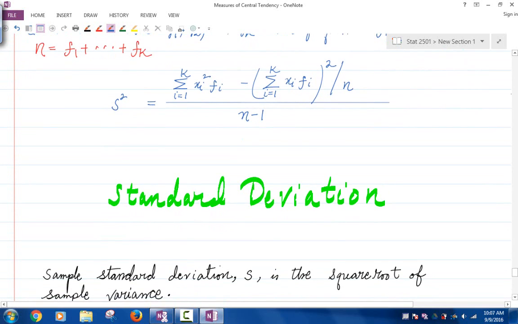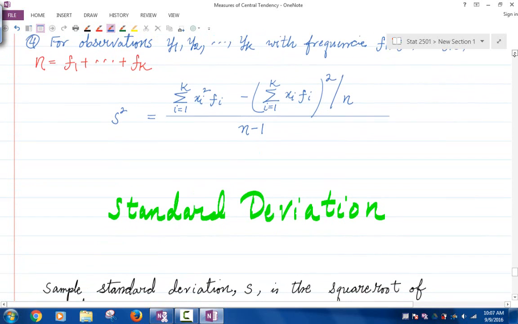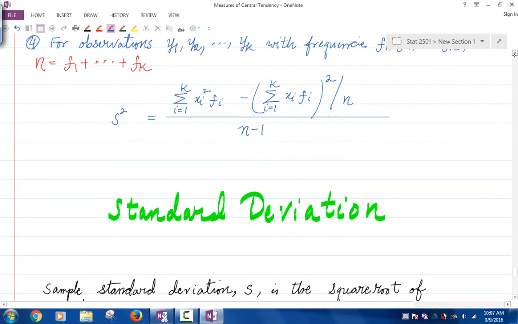Now, variance, remember, is a measure of dispersion, right?